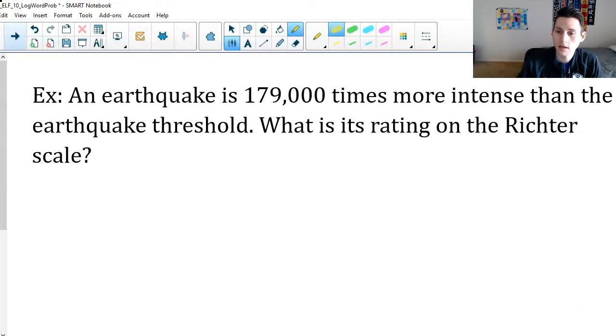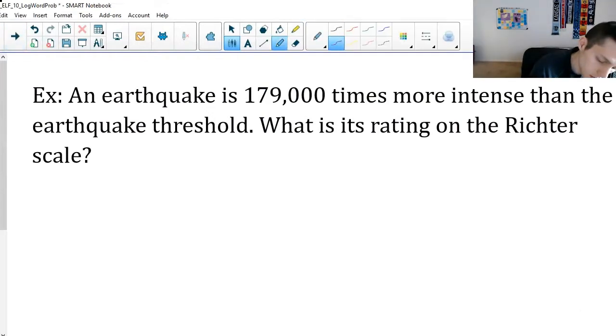Okay, so an earthquake is 179,000 times more intense than the earthquake threshold. What is its rating on the Richter scale?